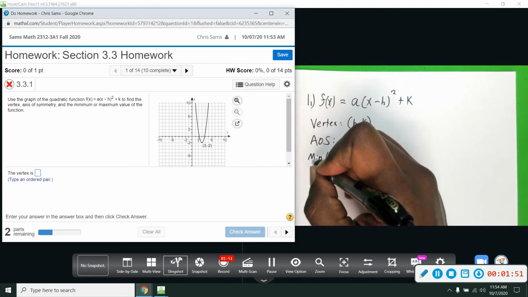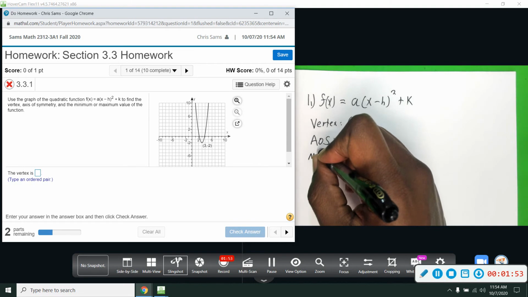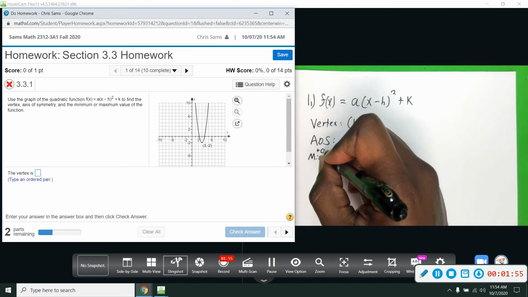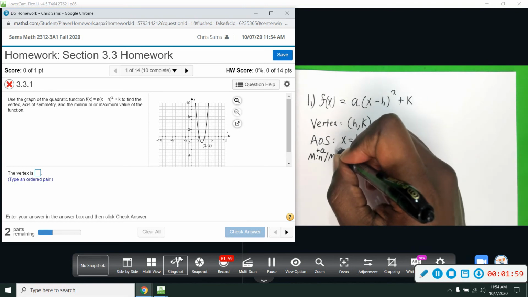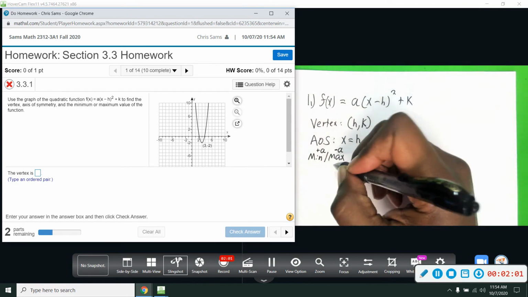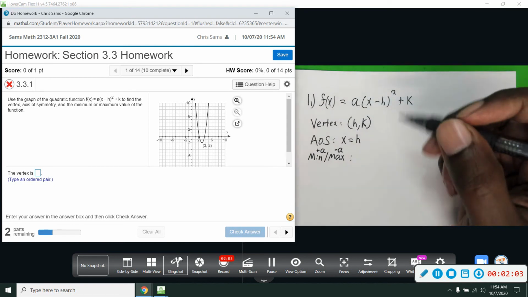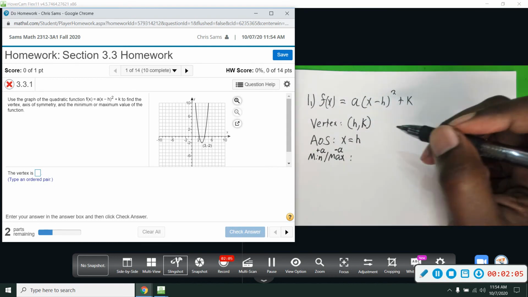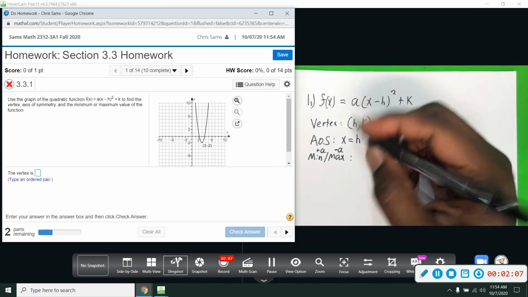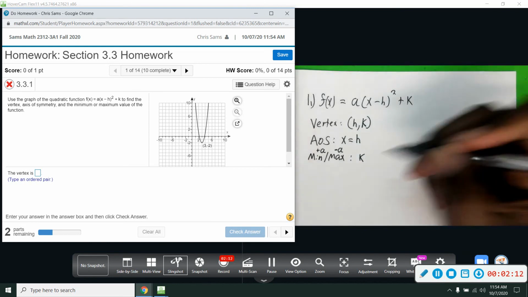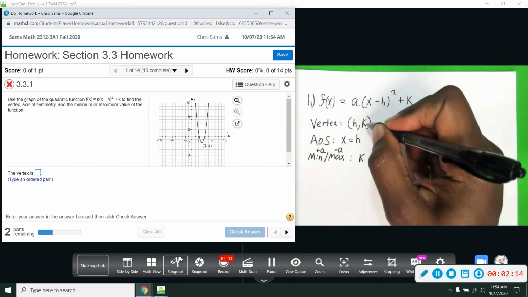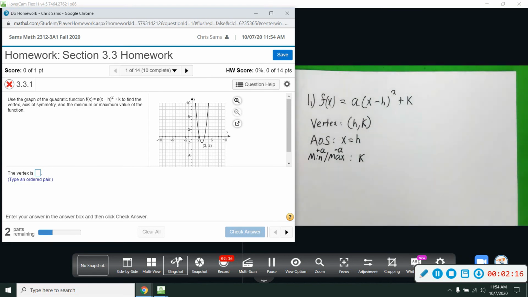If a is positive, you will have a minimum. If a is negative, you will have a maximum. That minimum or maximum value will come from the vertex as well. It will be the k value.